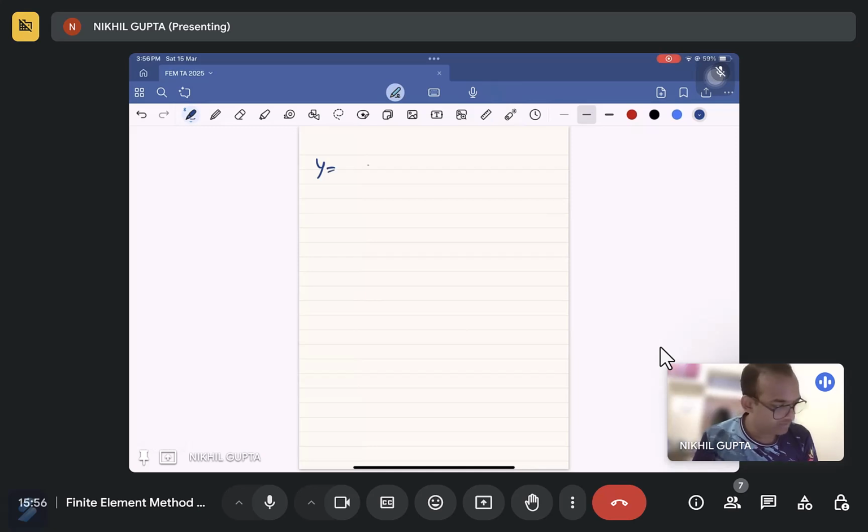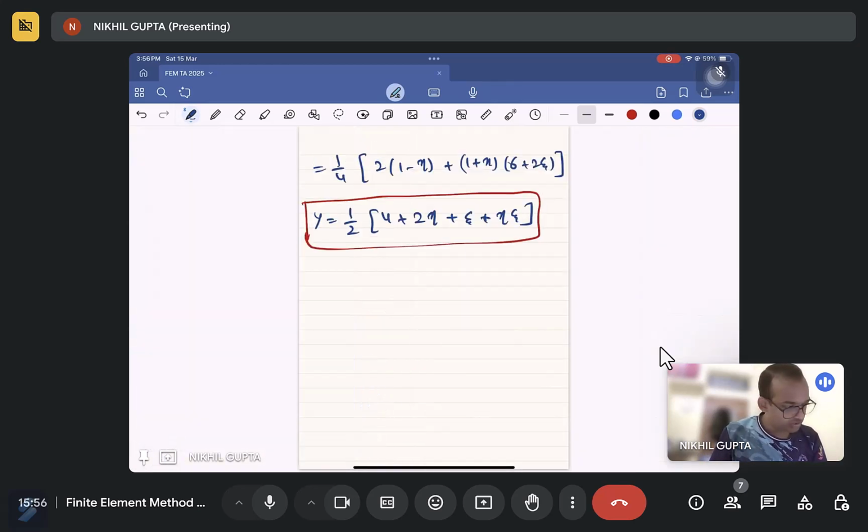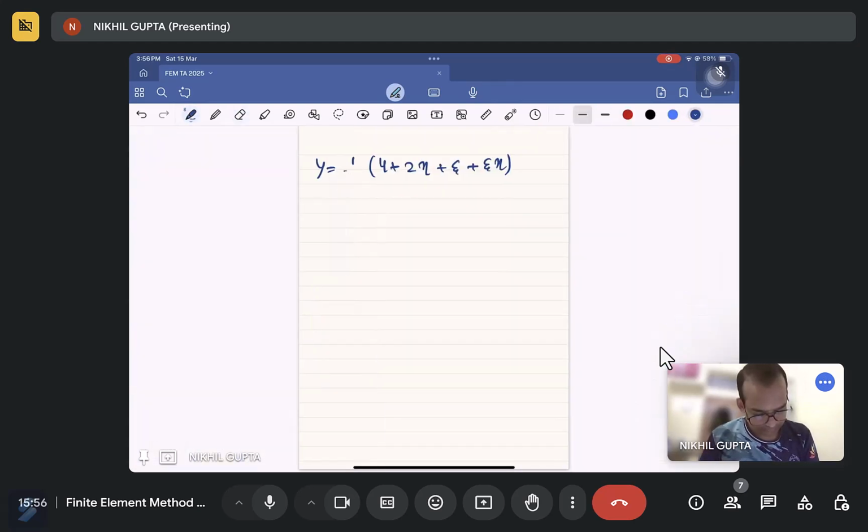So y we know is 1 by 4 of 4 plus 2 eta plus xi eta. Is it correct? 4 plus 2 eta plus xi, oh it's 2, it's not 4. Okay, so when you do this, you will get del y by del xi as this and this.